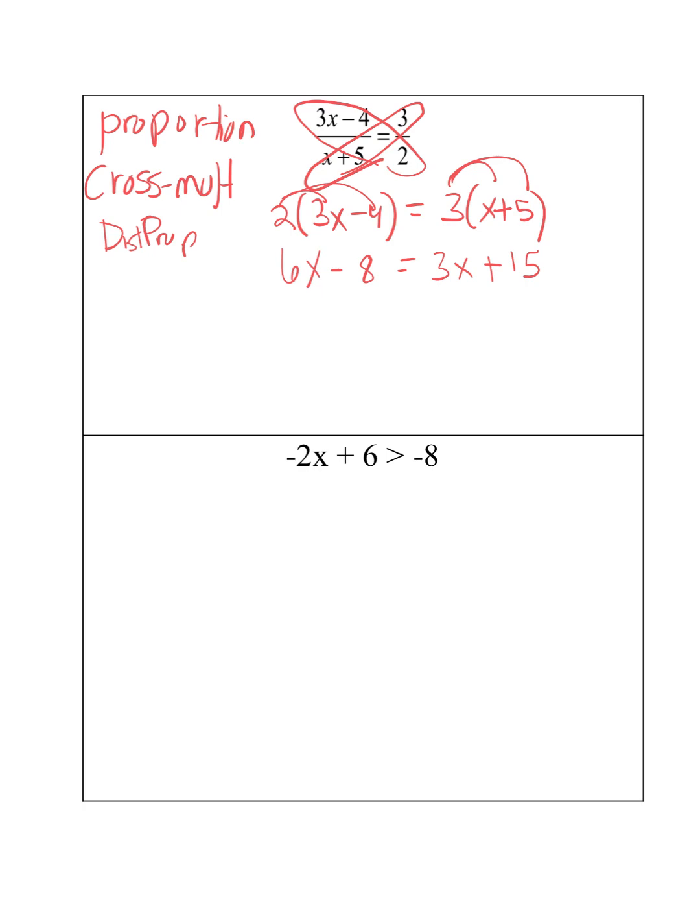And then we want to move all of our variables to one side, all of our constants to the other side. So I'm going to take this positive 3x and subtract 3x. I see a -8. The inverse is to add 8.